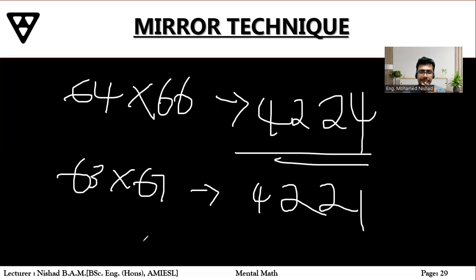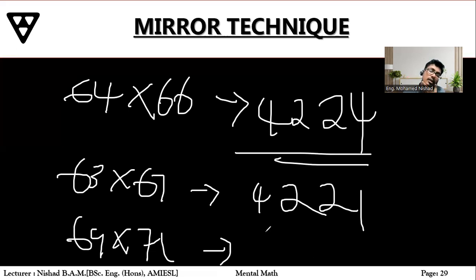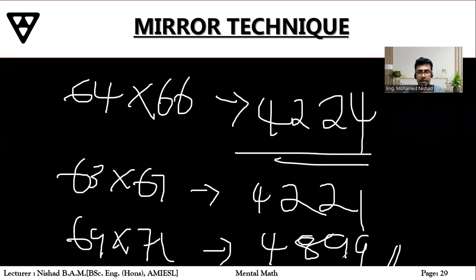Is it correct? And how much will it be for 69 times 71? How much? Yeah, it will be 4900, 4899. So this is the answer.